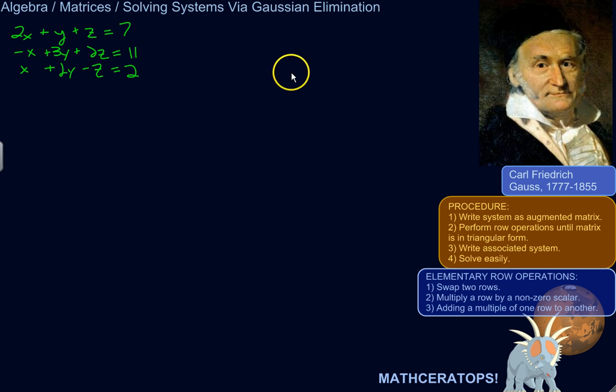So the way you do it is, first let's represent this thing as an augmented matrix. So we'll write the coefficient matrix here: 2, 1, 1, -1, 3, 2, and 1, 2, -1.